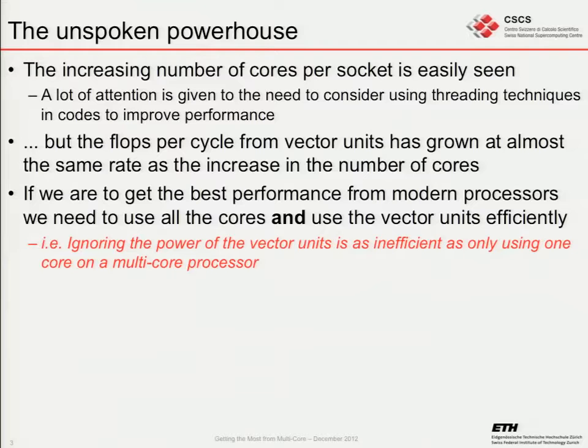Well, when we talk about on a particular processor, we may have an 8x increase over that period of time in the number of cores, and we want to use them all, but a 4x increase in the floating point power from vectorization, we should really be trying to use that.